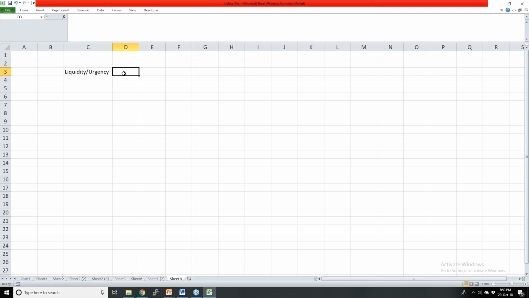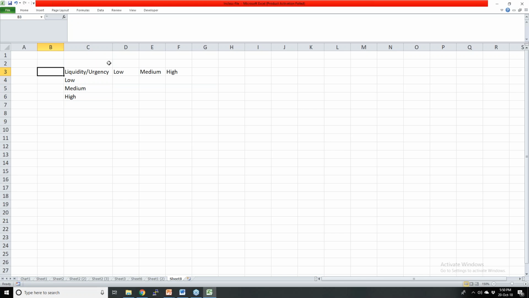So they'll have low, not very urgent, medium urgency, high urgency, right? So on the right hand side it's urgency, and then for different symbols they will have different classifications, if it is low, medium, or high based on how liquid the symbol is.